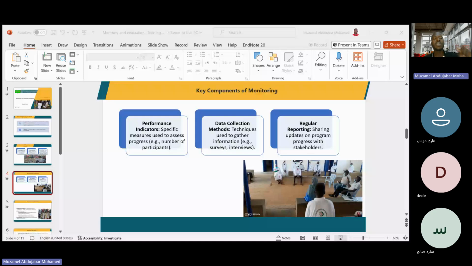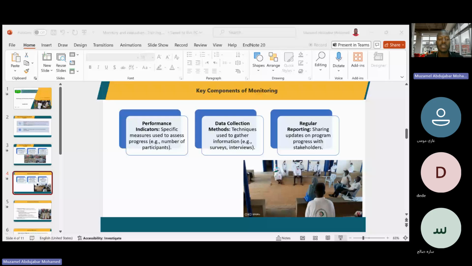Second is summative evaluation, where you evaluate after finishing the project, conducted after implementing the project, to assess the effectiveness of the project. As I mentioned in the earlier session about effectiveness, that means your objective has been achieved 100%.